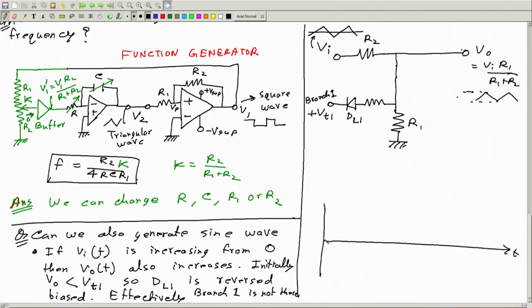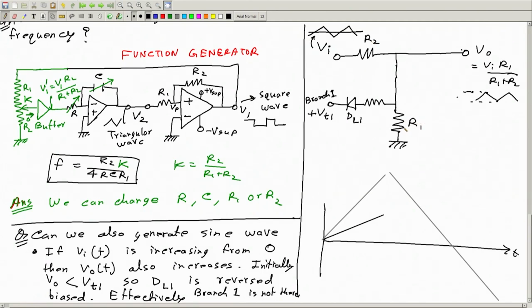Okay, so this is Vi, which is increasing from 0. And Vo will therefore also be increasing, but at a slower rate because of this potential divider.